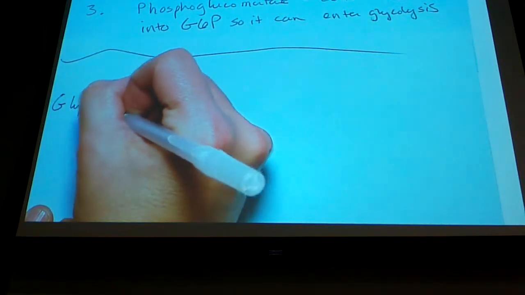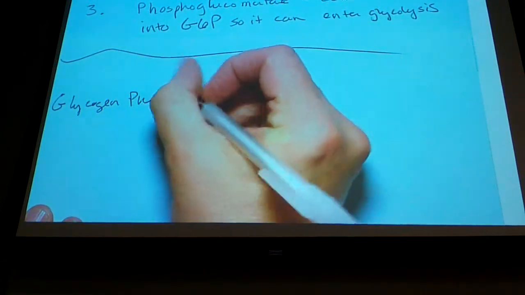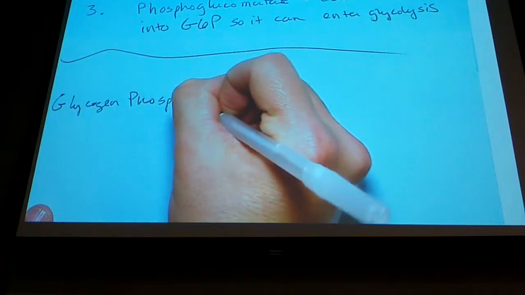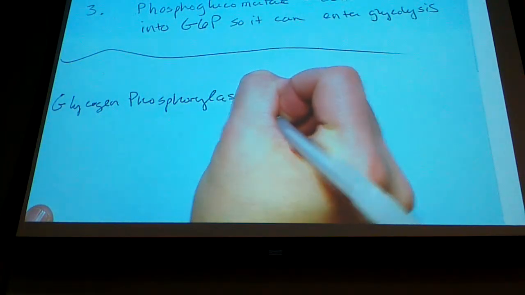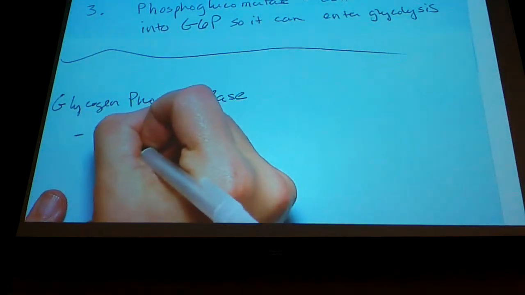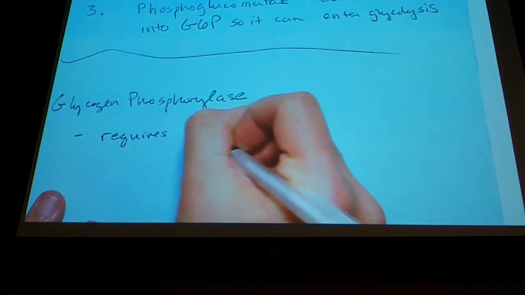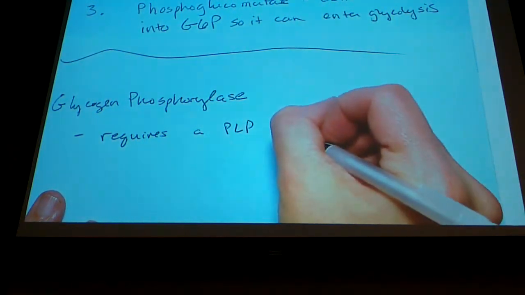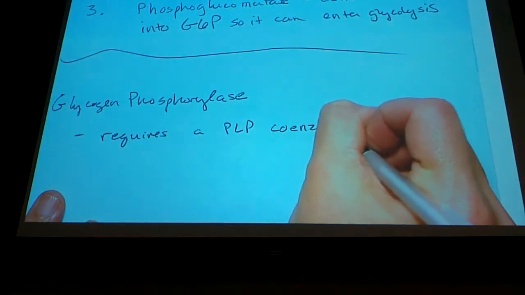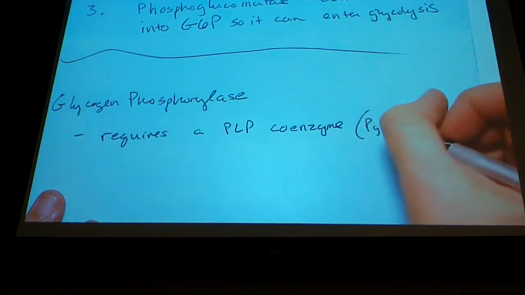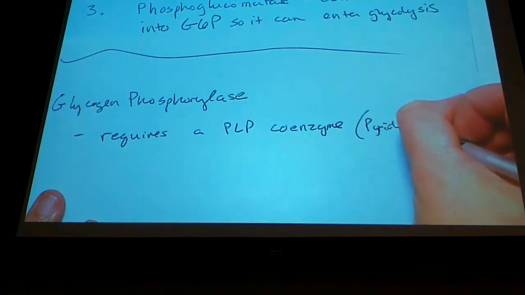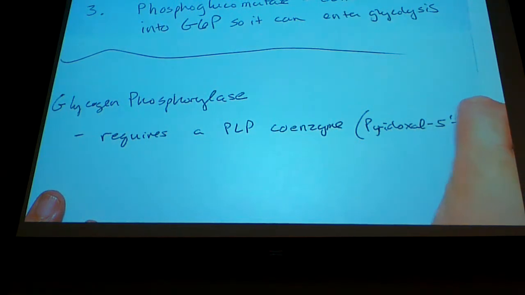Glycogen phosphorylase, things you should be able to know. This requires PLP coenzyme, which stands for pyridoxal 5' phosphate.